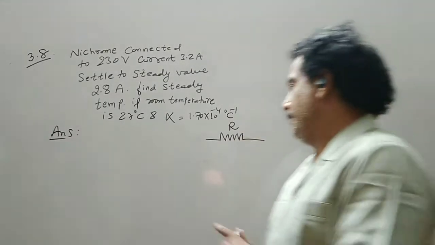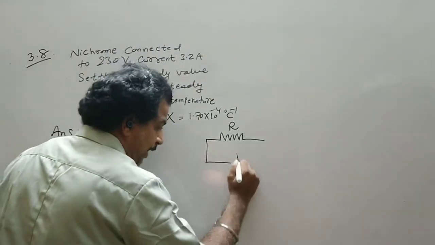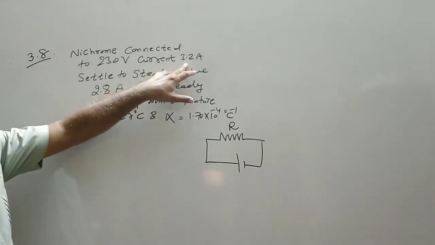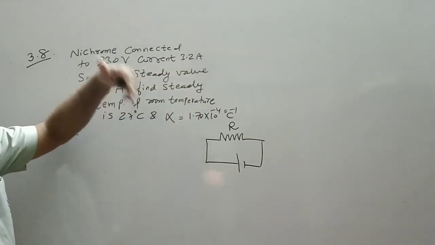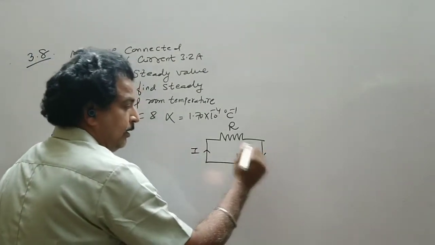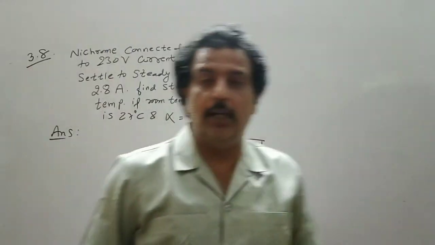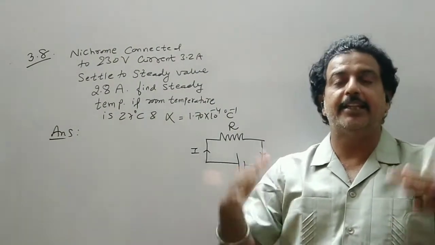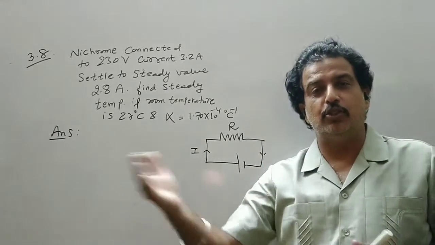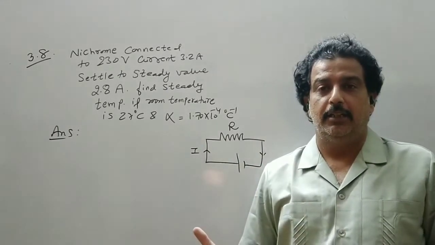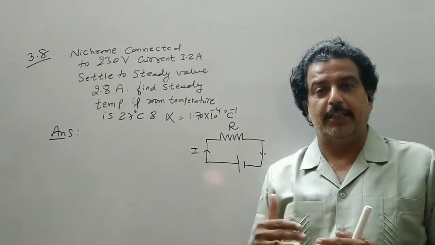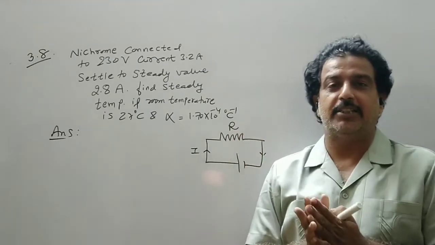So initially, when the current is passing through the resistance, the current is assumed to be very high, and later on, as this current starts flowing, the temperature of this coil or resistance increases, and as temperature increases, the resistance also increases, and clearly as the resistance increases, the current should decrease, and then it achieves a steady value.